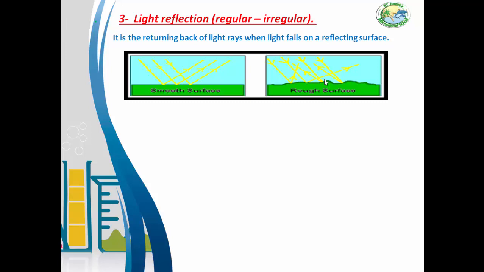We have two types of reflection. Regular reflection happens when the light ray falls on a smooth surface, and irregular reflection happens when a light ray falls on a rough surface. We have a give reason question here: why can't we see in the dark?